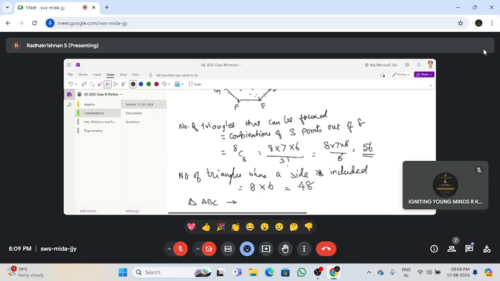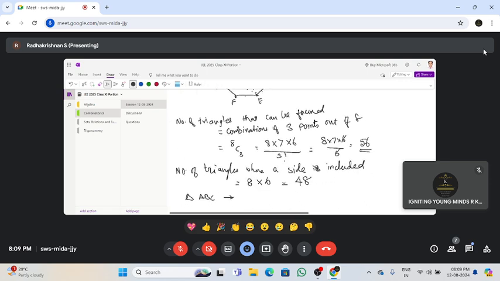Okay. So that means in the number of triangles where a side is included, we have to exclude 8 because out of this 48, 8 are double counted. Okay.